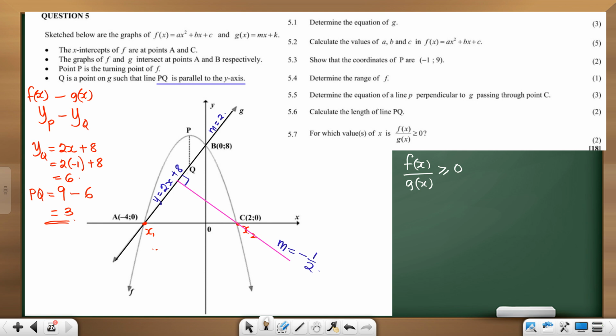If the examiner says greater than 0, it means it must be positive, right? So this side must be positive or equal to 0. Please watch what I'm going to do here. Do you understand what I just said? Greater than 0 or equal to 0 means I must get a positive answer. Please, I want you to respond step by step. I'm starting from the right-hand side, interpreting that. Please talk to me.